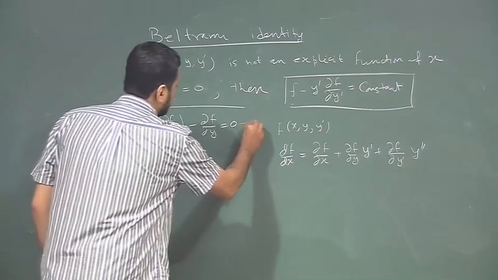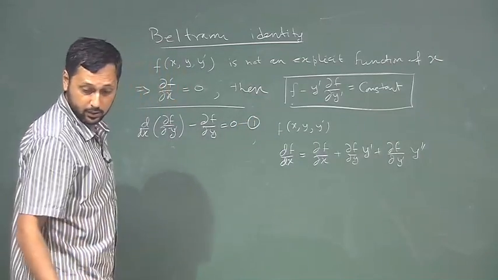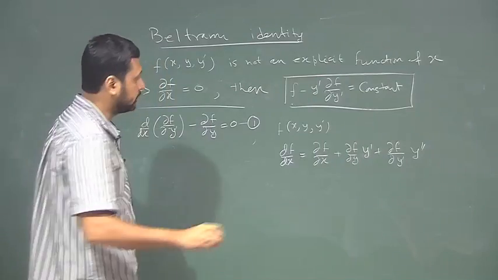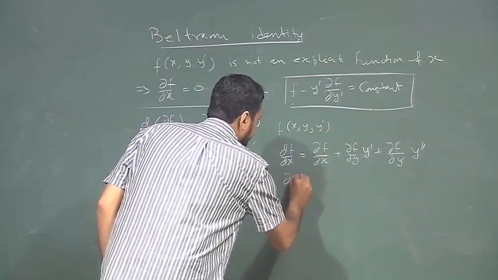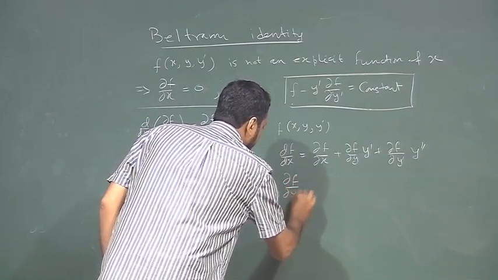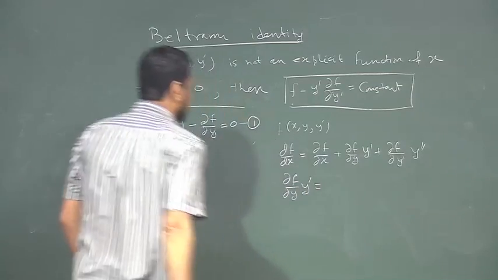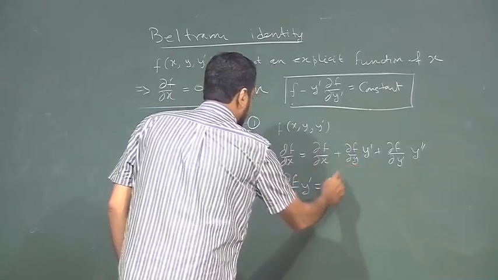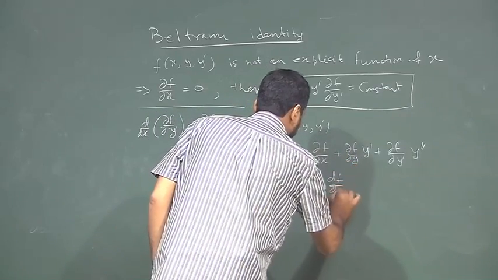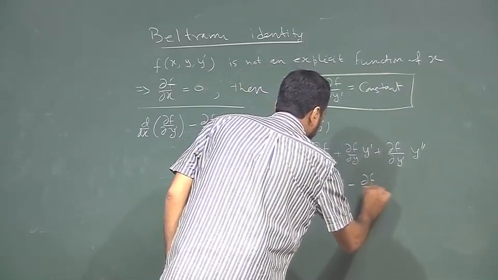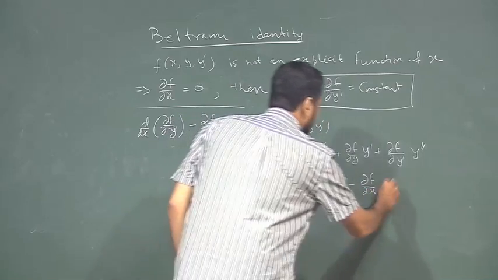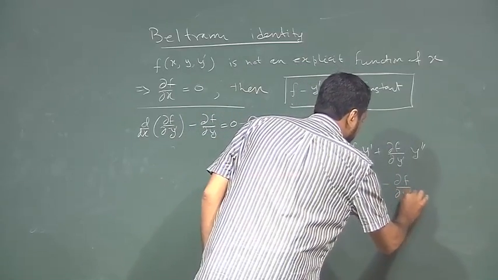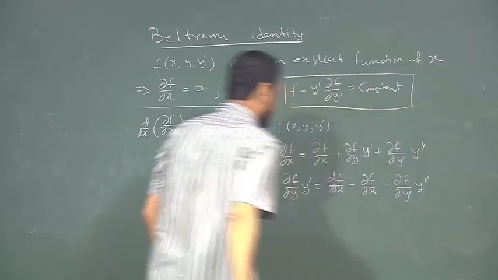Let us call this equation 1. Now, what we can do is change sides and write ∂f/∂y y' is equal to df/dx minus ∂f/∂x minus ∂f/∂y' y''.